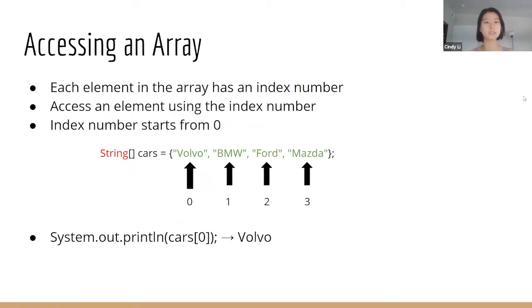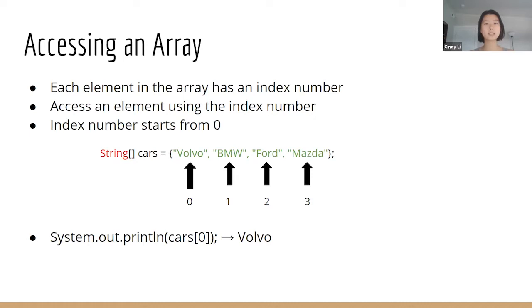How do we access an array when we want to print out one of the elements in it? Remember there are multiple elements in an array, so we don't just say system.out.println cars like we would with a string, because a string only has one element in it. An array of strings has several elements. That's where something called an index comes in.